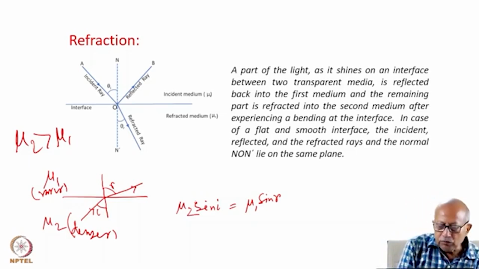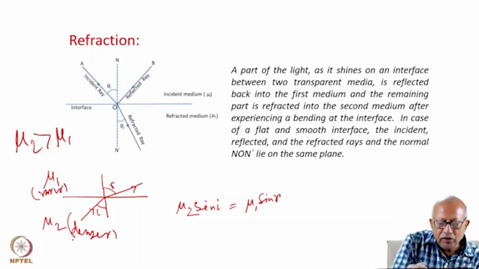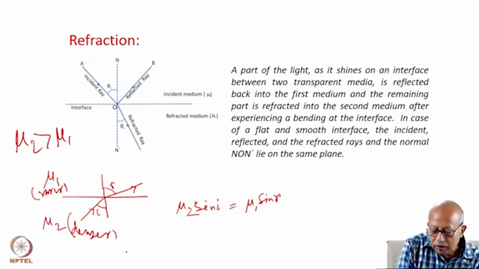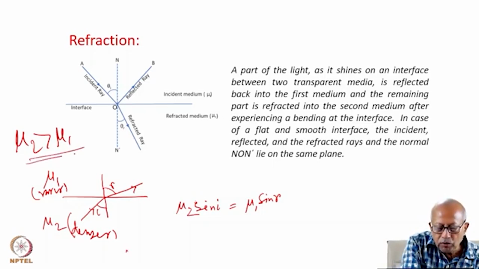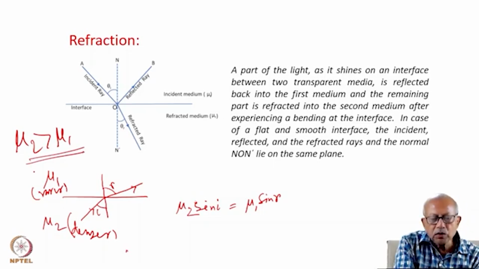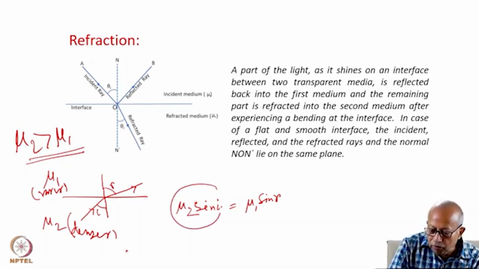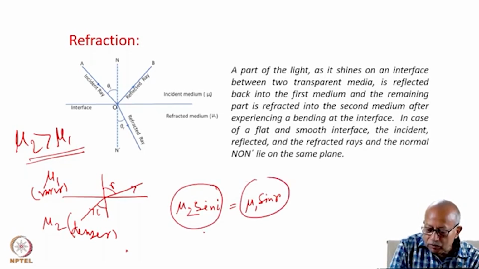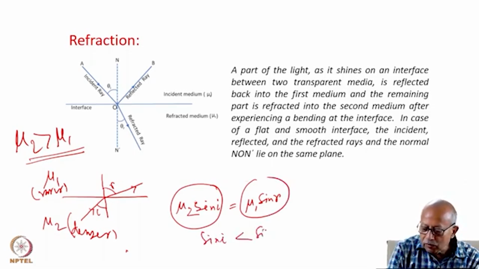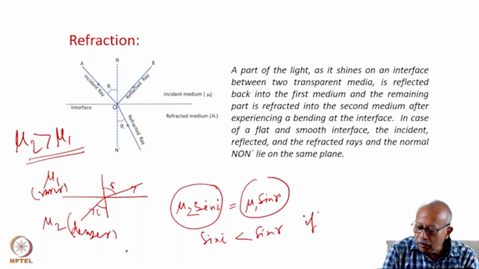Now let us assume that the light is traveling from denser to rarer medium, that is, mu2 is greater than mu1. If mu2 is greater than mu1, then to keep the product the same, sin I must be less than sin R.